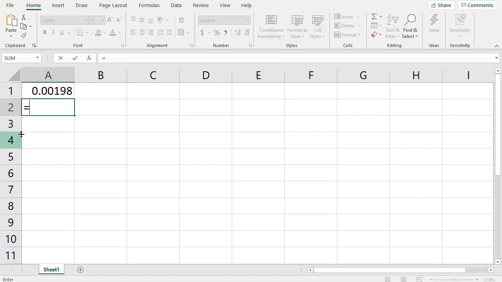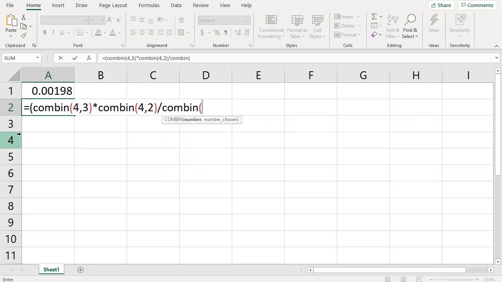So equals, I'm going to use parentheses to keep my numerator together. COMBIN 4 choose 3 times COMBIN 4 choose 2, divide that by COMBIN 52 choose 5. Oh, I need to close the parentheses for my numerator, so put that here. All right, once you have your formula, double check it.